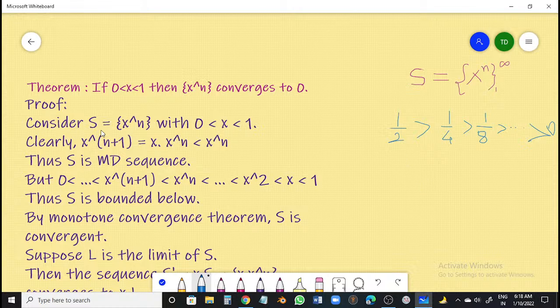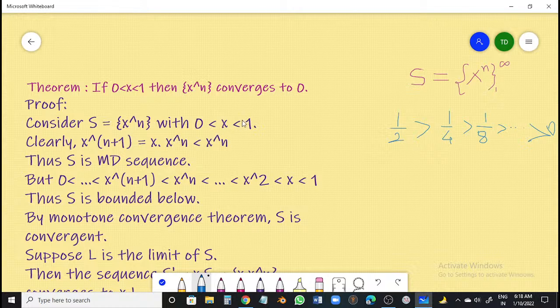We consider the sequence S equal to curly bracket x raised to n, with 0 less than x less than 1. As I have shown here with the example, x raised to n plus 1 can be said to be x into x raised to n, but x is smaller than 1.